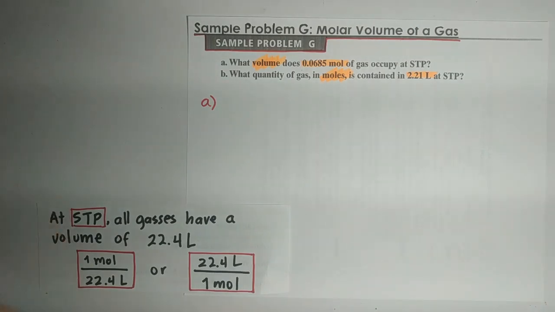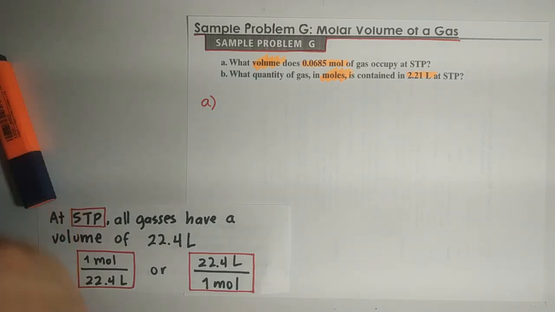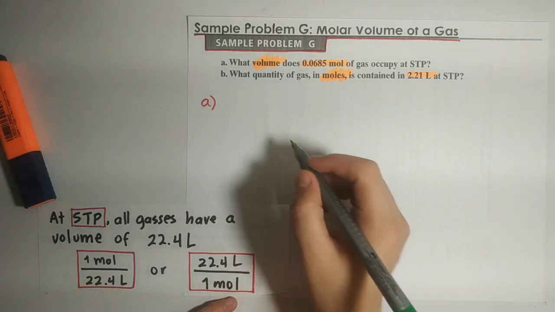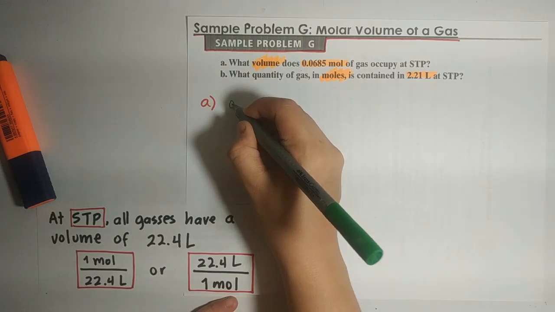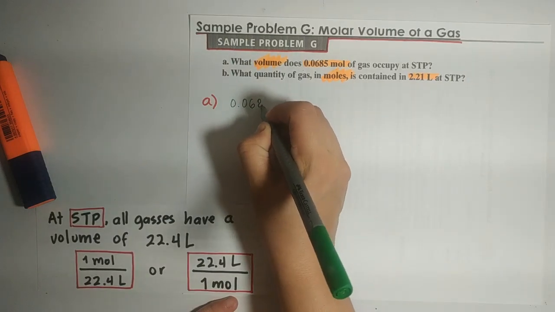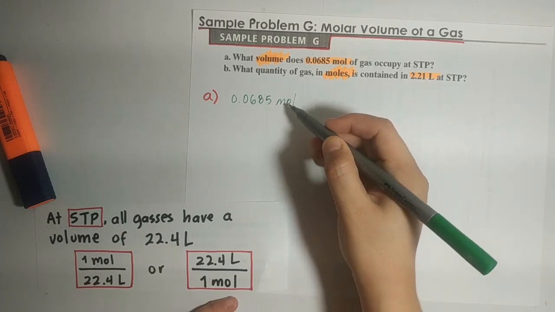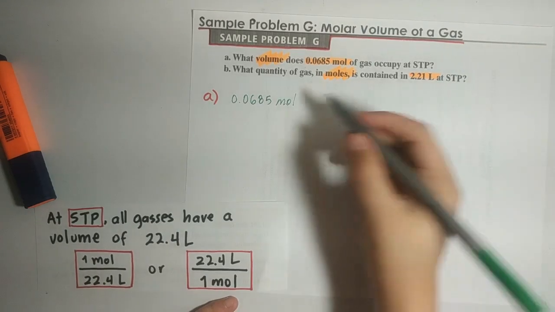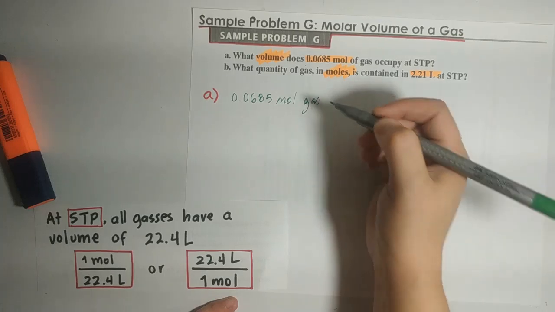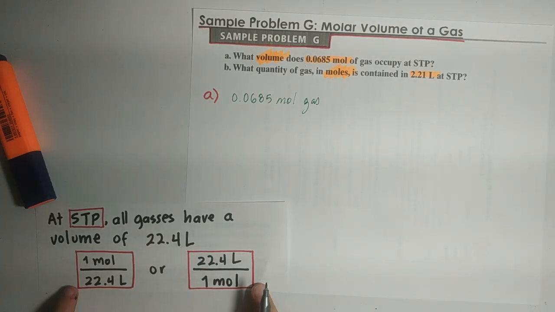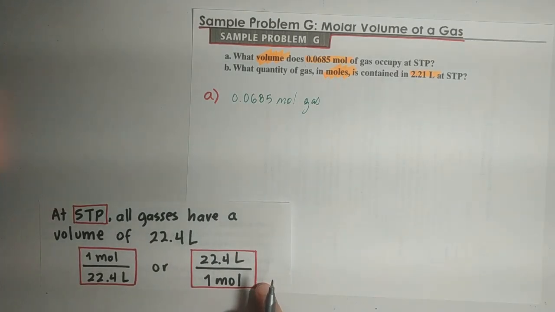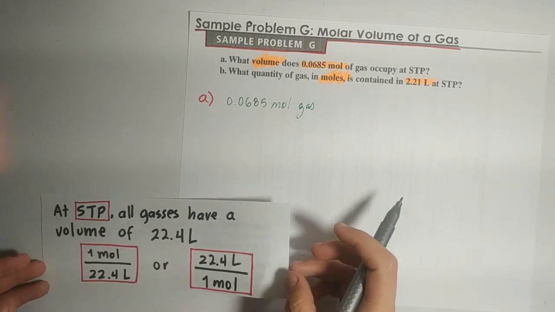Okay. As we are referring to STP, we already know that we can apply this process. So we say, in part A, they are giving us 0.0685 moles of gas. Now, I can use my equations here, my conversion factors.